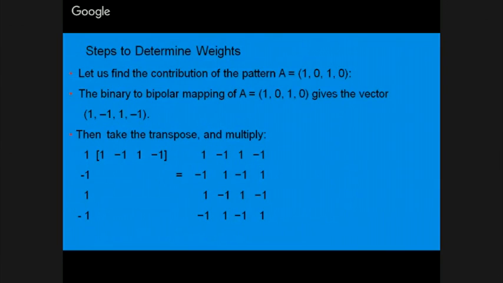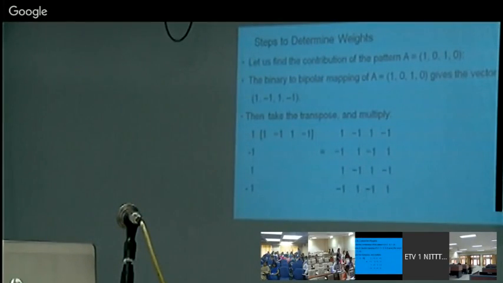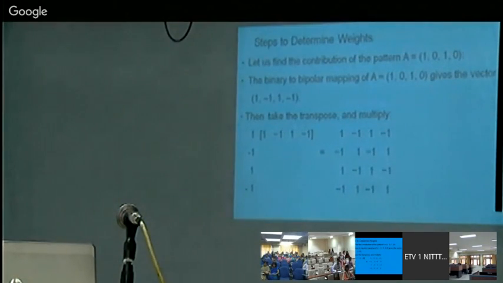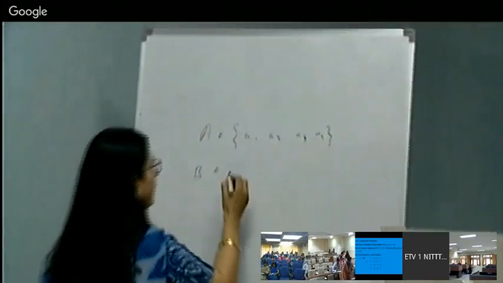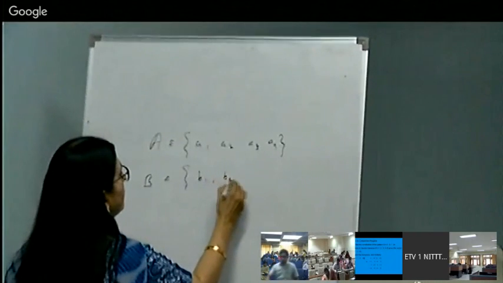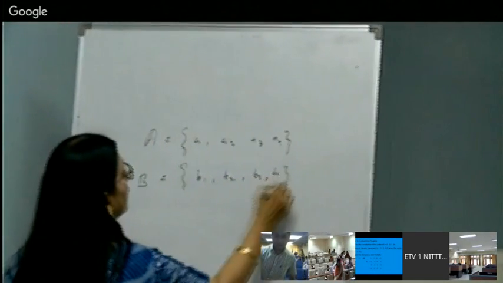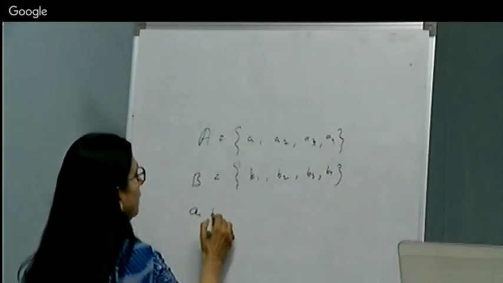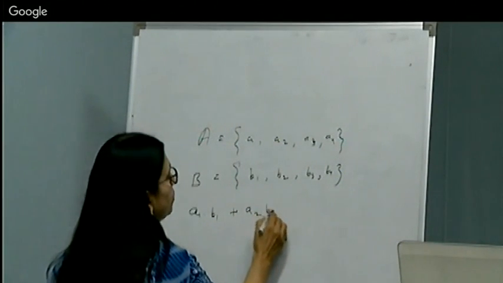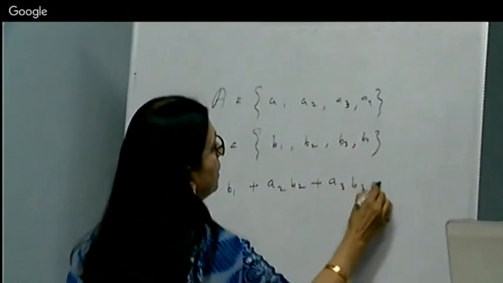So if you have two vectors A and B having four components, say A1, A2, A3, A4 are the four components of vector A, and B is B1, B2, B3, B4, then when I say that the dot product of A and B would be 0, that means A1 times B1 plus A2 times B2 plus A3 times B3 plus A4 times B4 would be 0.